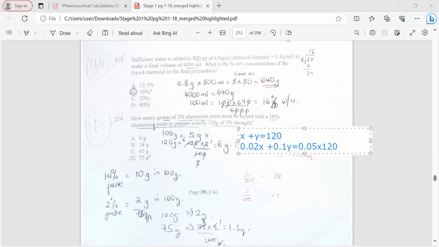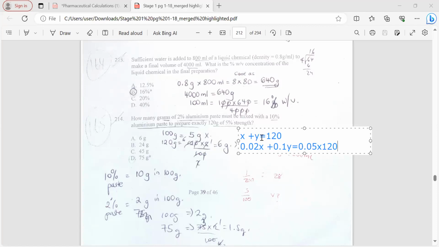So they want how many grams of 2% must be mixed with the 10%. So basically we want to find x.